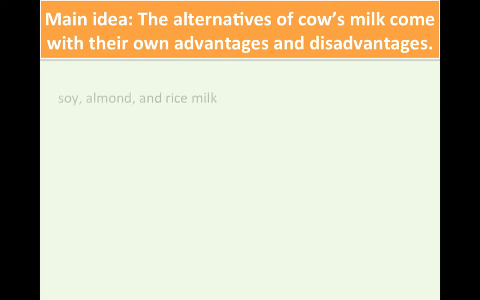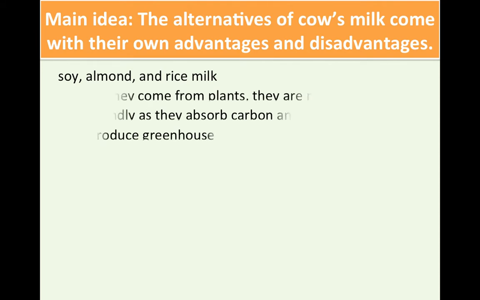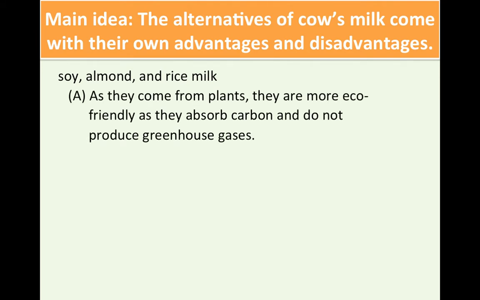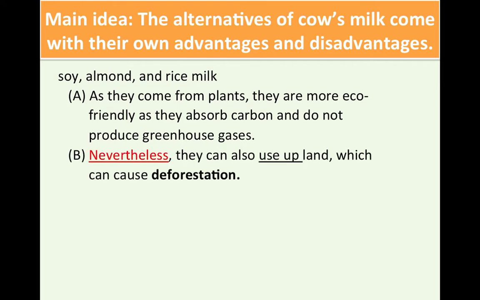These are soy, almond, and rice milk. But let's see the advantages and disadvantages. As they come from plants, they are more eco-friendly as they absorb carbon and do not produce greenhouse gases. Plants, as we know, are quite good for the environment.